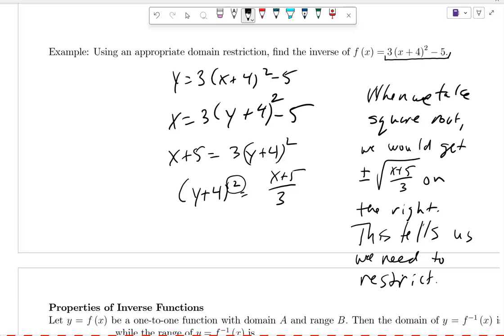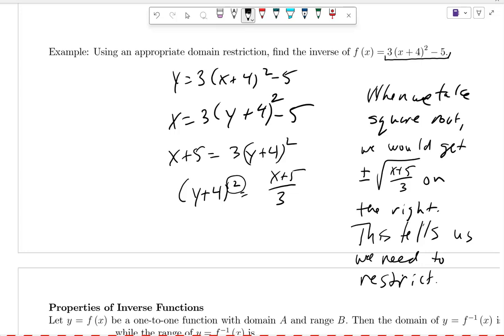But did we have any trouble undoing the 3? No. What did the minus 5 do? It shifted it down 5, and did we have any problem undoing that? No. How about that plus 4? That's on the inside. What does the plus 4 do? Left 4, right? And this is where we were having the issue of where to undo, right? It's inside that squaring.